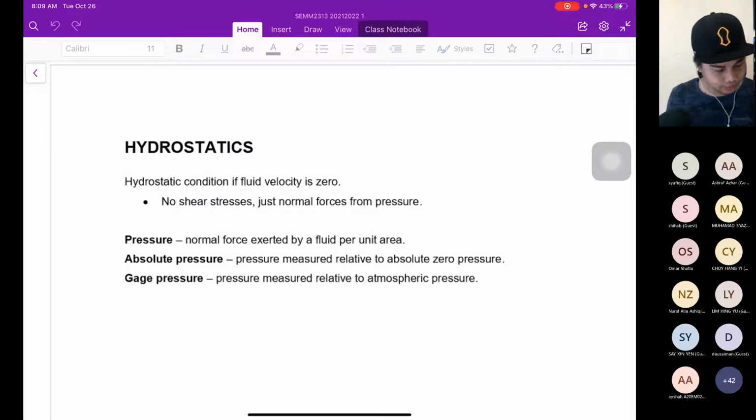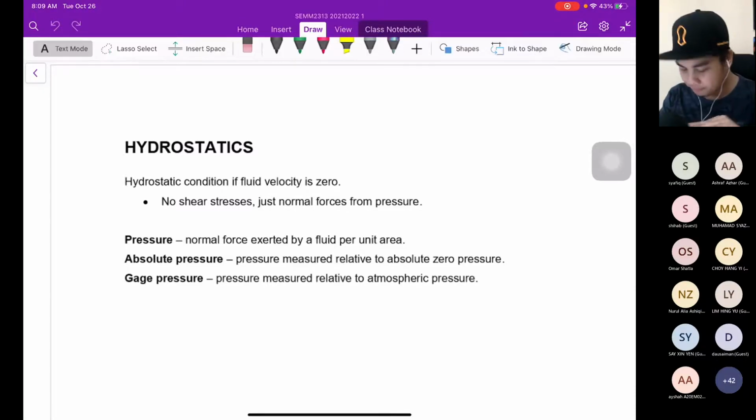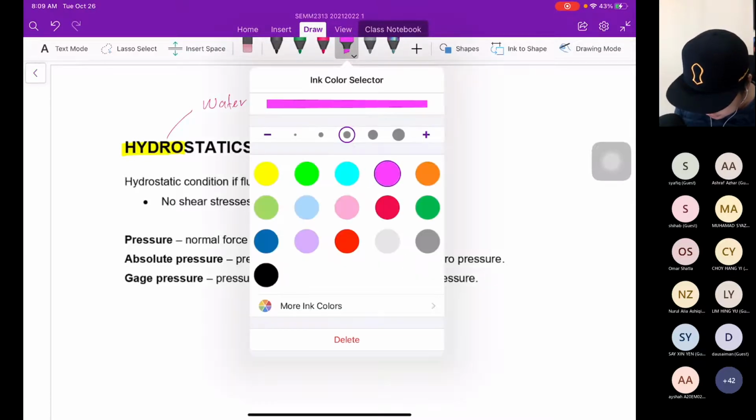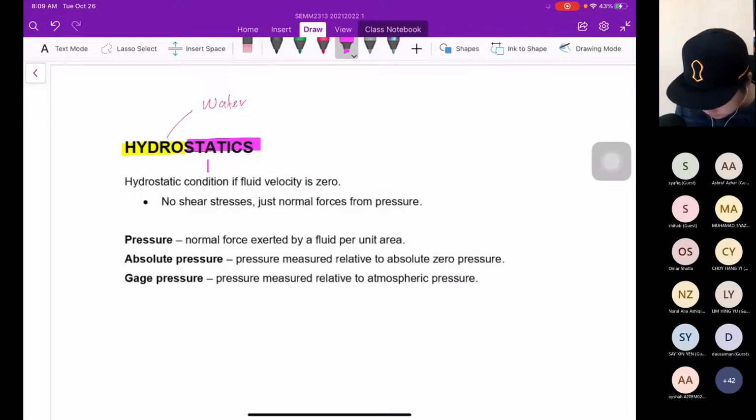All right. So from here, hydro means water. Here, static means not moving. Have you taken static before during your first semester?